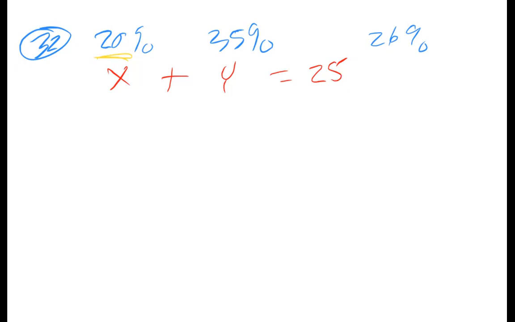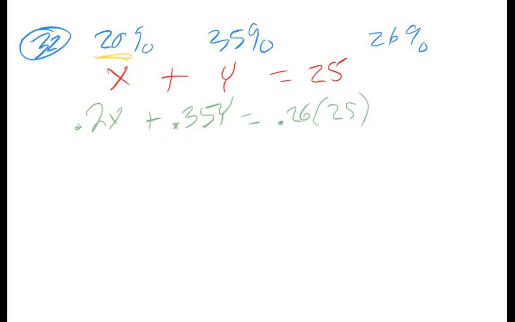So once again, I'm kind of lining things up with where they are. Now, the next equation when we're dealing with mixture problems deals with our concentration or our percentages. 20% of X is acid. 35% of Y is acid, and we're going to end up with 26% of 25 liters that is acid.